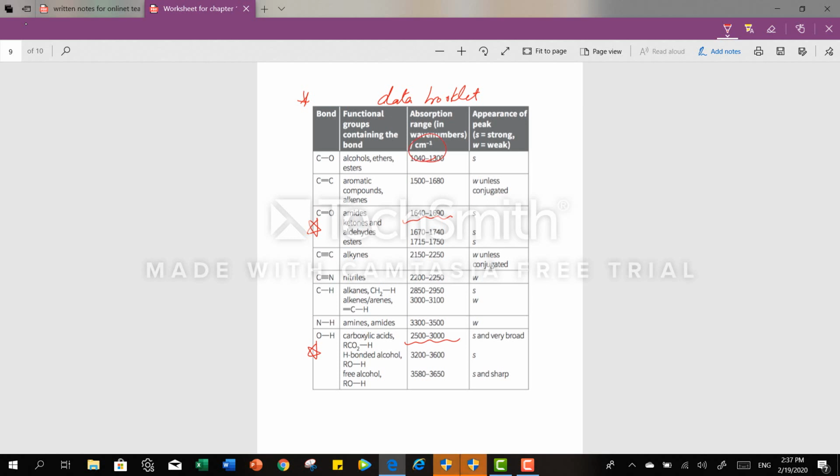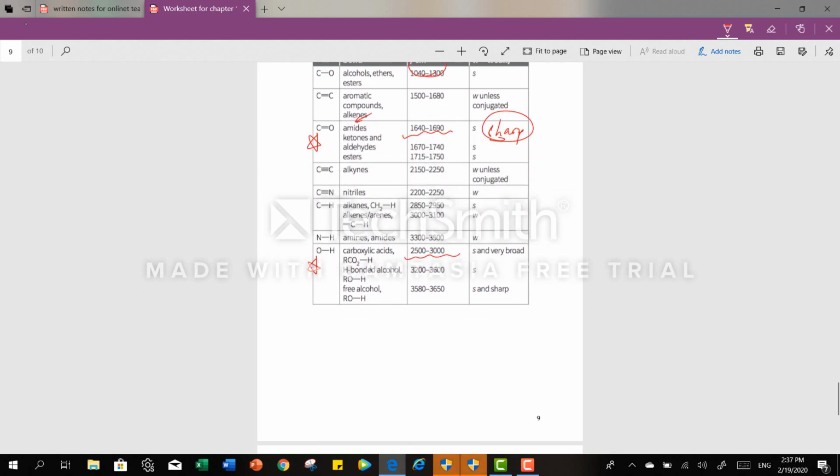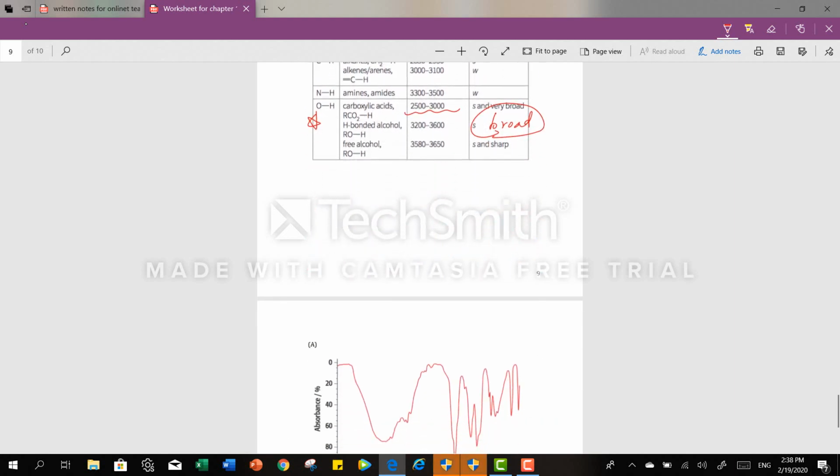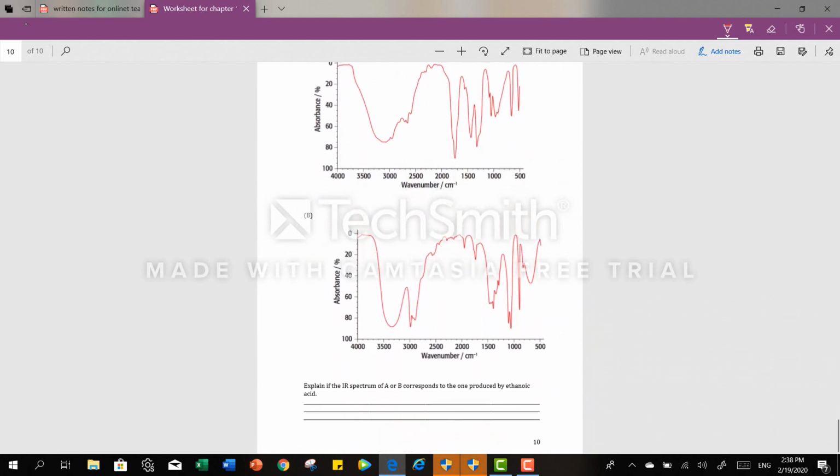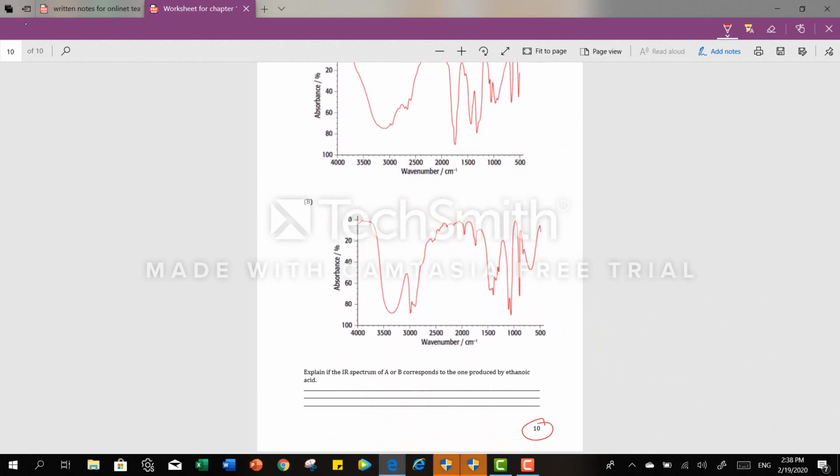Not only do you have to pay attention to the number, you also have to pay attention to the shape. For example, this one is sharp, I mean the peak, the absorption peak. And this one is broad. Okay? Now we can go and look at the IR spectrum together. For example, these two. Now let's take a look at the question. The last page.